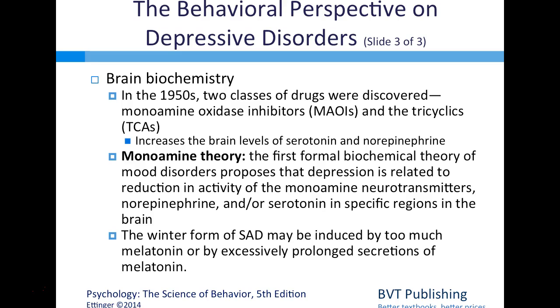Melatonin is a brain chemical that makes you sleepy, okay? So both serotonin and melatonin systems are influenced by the Earth's daily dark light cycle, okay? So that probably has an impact in seasonal affective disorder.